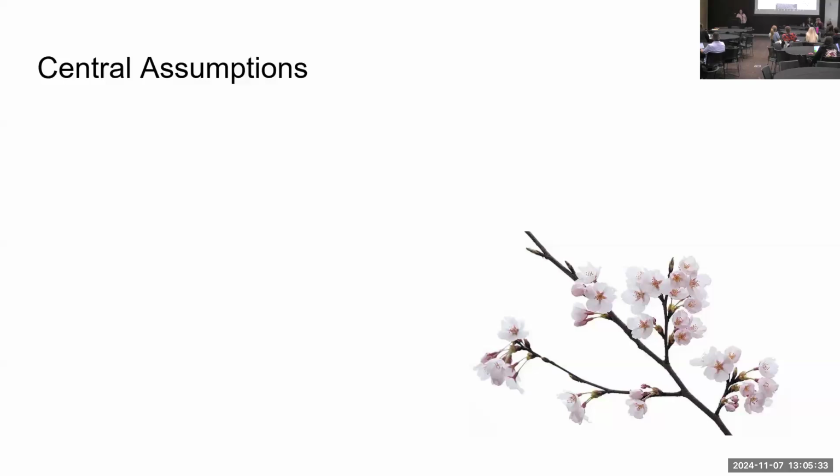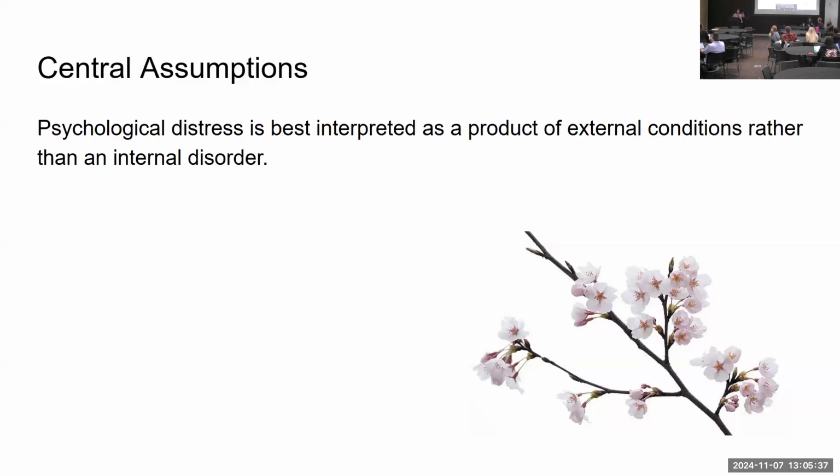All right, so certain assumptions that I make and that I think are relevant to designing for mental health and which I hope you'll be willing to accept. So first of all, I believe, and I think that it is reasonable to say that psychological distress is best interpreted as a product of external conditions rather than some internal disorder.